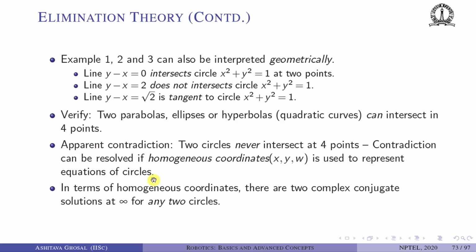So that makes x, y, which are normal coordinates, plus another coordinate w, what is called homogeneous coordinates. In terms of homogeneous coordinates, you can show that there are two complex conjugate solutions at infinity for any two circles. Whatever the radius of the circle, if you draw two circles, they intersect at 2 points, and you can show that the two other points are at infinity.